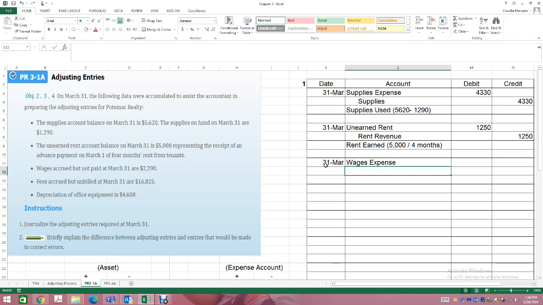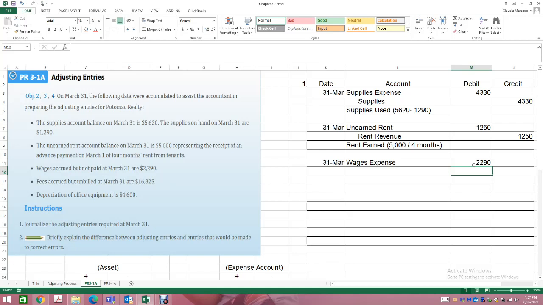We always want to know how much was used up, or how much was charged, in this case for wages. How much do we have to pay our employees for work that they did in the month of March? So we have wages expense of $2,290. We need to record in our books that during this month our employees earned $2,290.